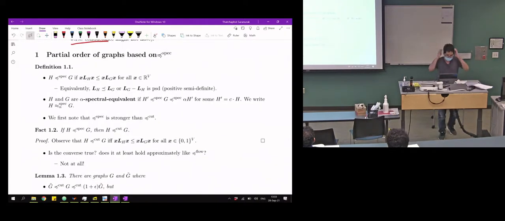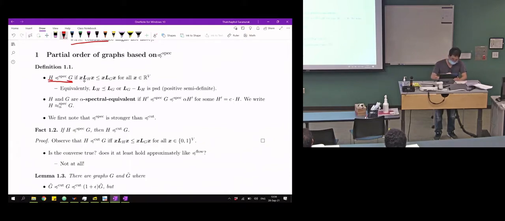First thing first, I would like to compare the graphs H and G with respect to the spectral sense.